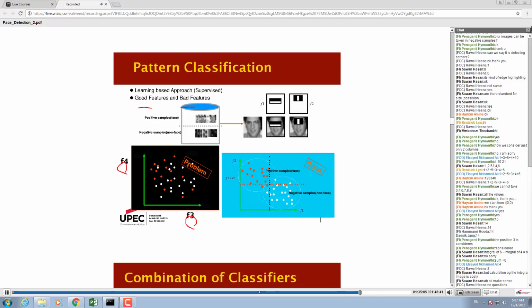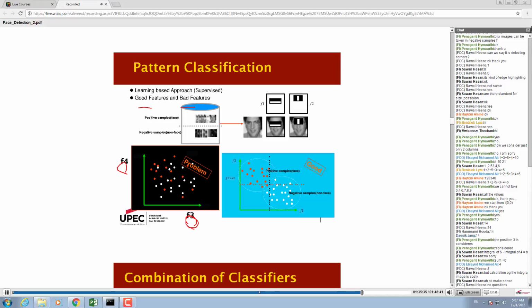Let's consider the left graph, the black one, with two features, F3 and F4. For every positive and negative sample, I plotted positive samples as red and negative samples as white.